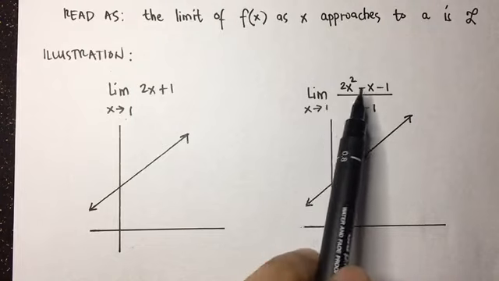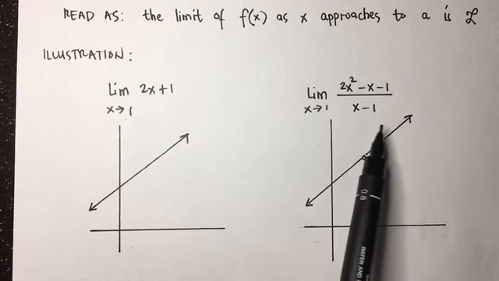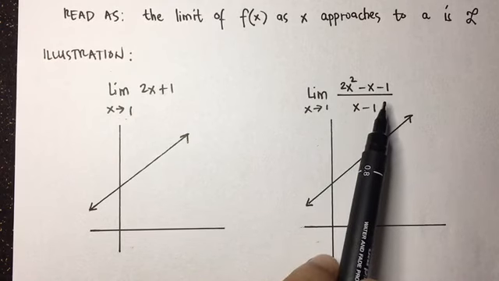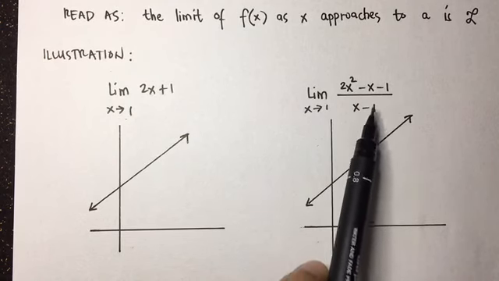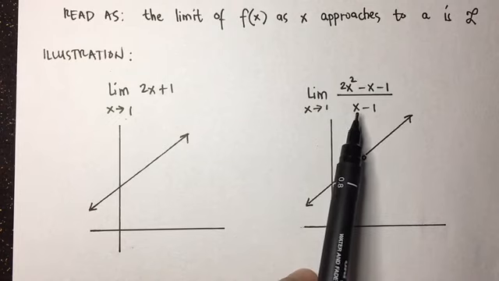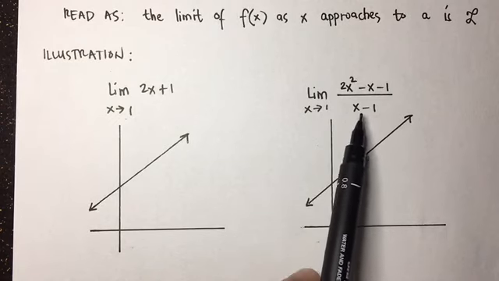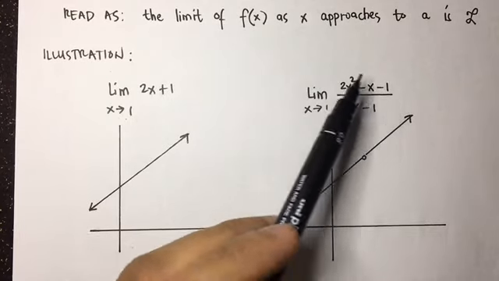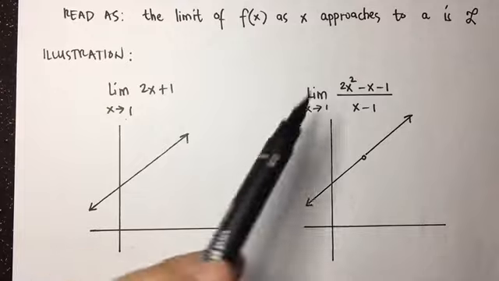However, from our background knowledge in functions and limits, we know that the domain of this function is x not equal to 1. So this function is indeterminate at x equal to 1.